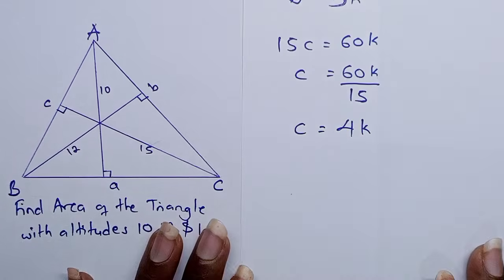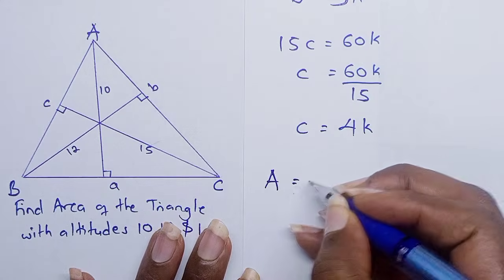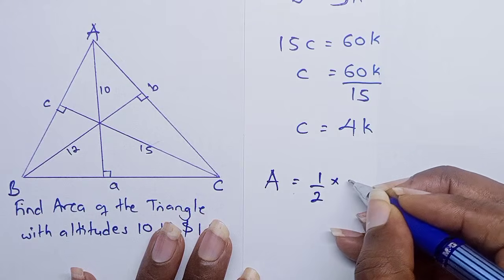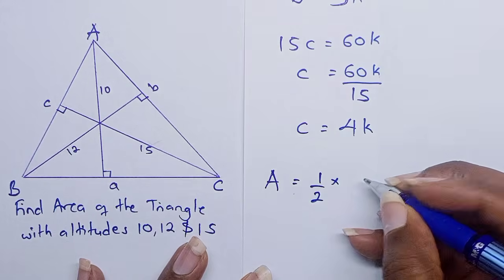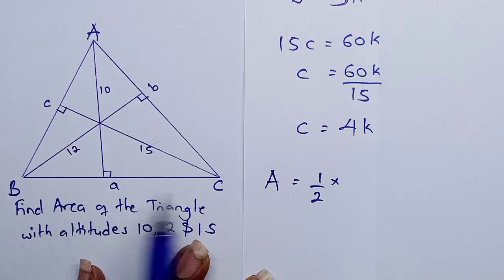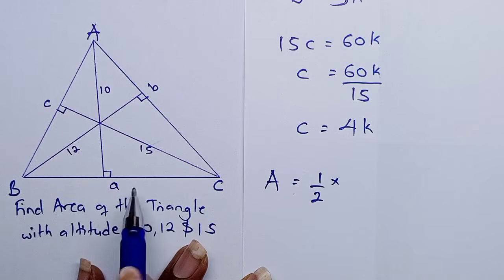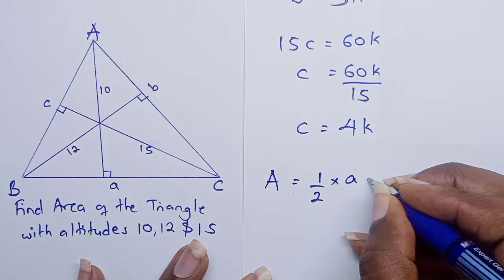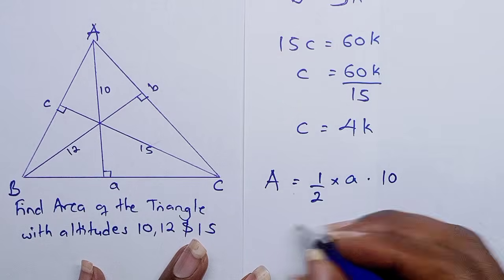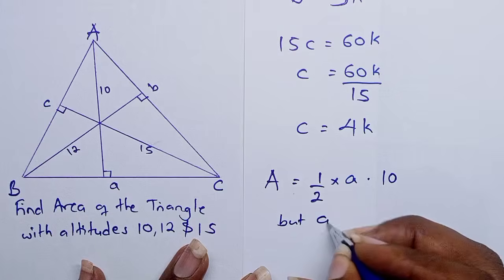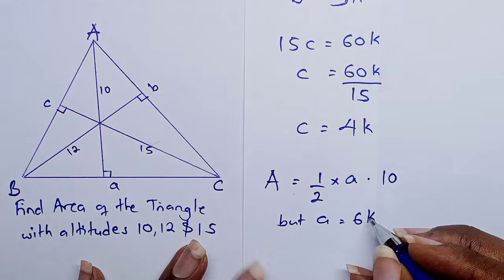Now we know that the area of a triangle is given by a half times base times height. In this case, let's take a as our base. So the base is a times the height, which is 10. But remember, a is equal to 6K.